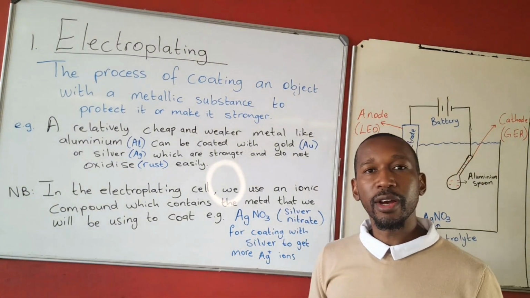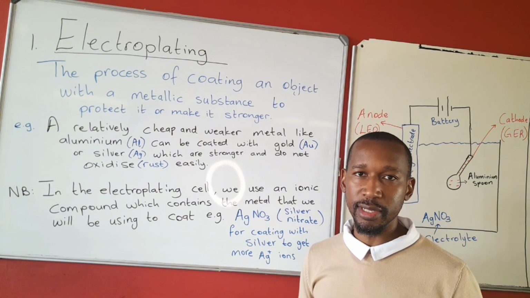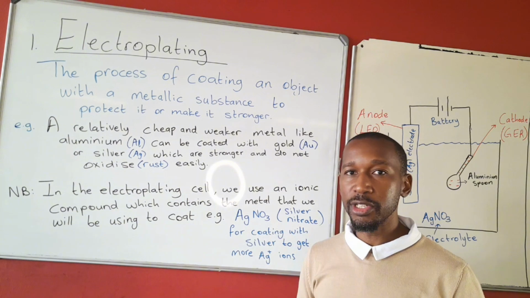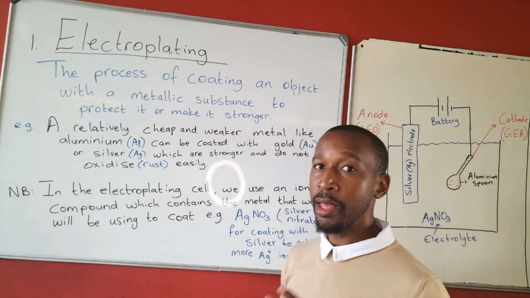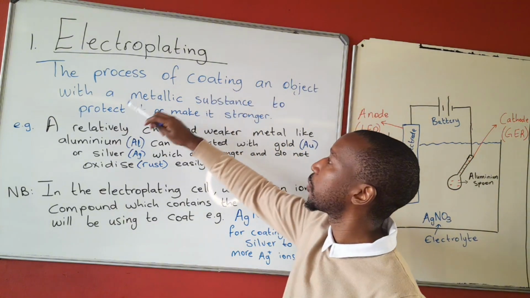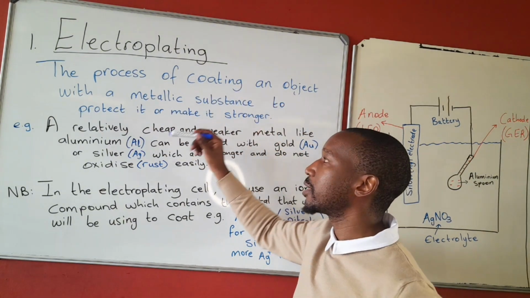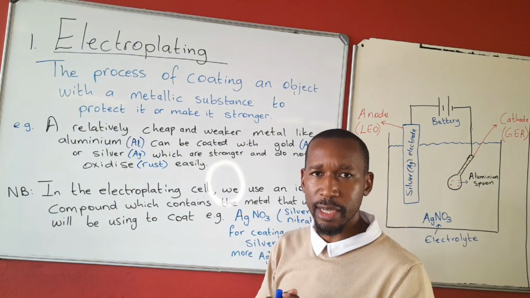Okay, now we are going to focus on electroplating, which is the application of electrolysis. Electrolysis is the conversion of electrical energy to chemical energy, as discussed before. Now, electroplating is a process of coating an object with a metallic substance to make it stronger or to protect it against rust, or what we call oxidation.